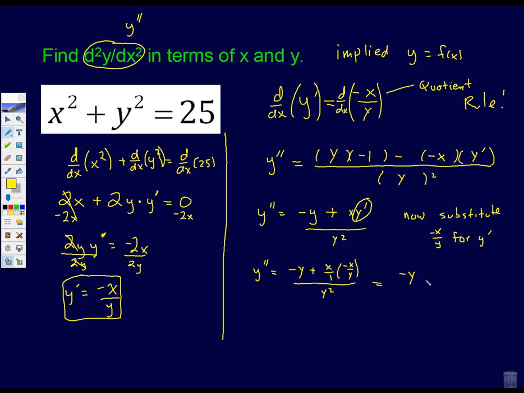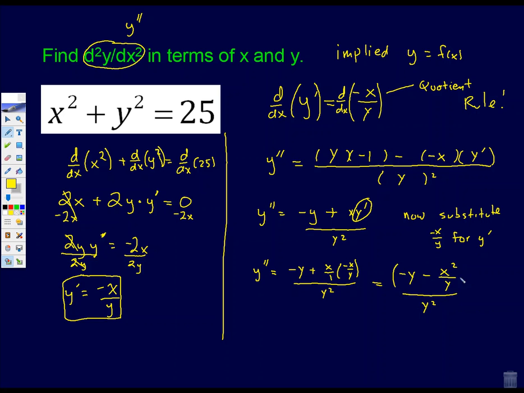It'll be negative y, and I've got a negative sign now, so I'm going to make that minus, and I've got x times x squared over y times 1, all over y squared. Technically, it's good that I've got everything in terms of y and x now. There's no y prime. However, I'd really not like to have a little fraction inside the big one here.